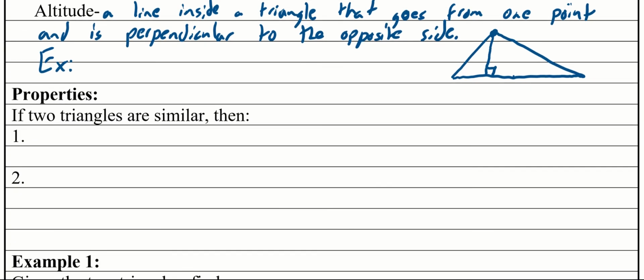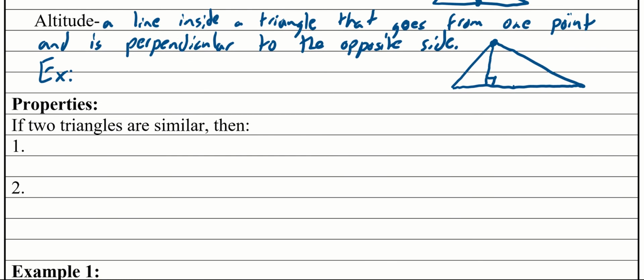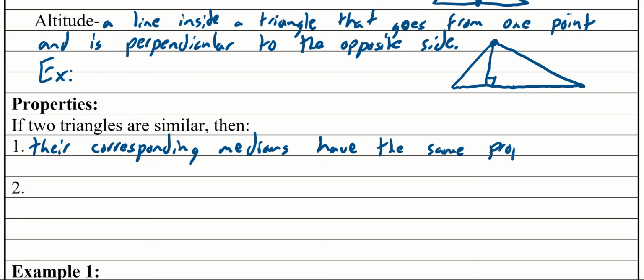This is important for us, or we can relate this to what we've been talking about with similarity, because if two triangles are similar, then I can say two different things. Okay? I can say this. I can say, number one, if two triangles are similar, then their corresponding medians have the same proportion as the scale factor.